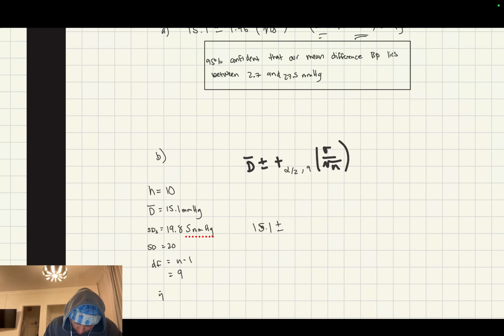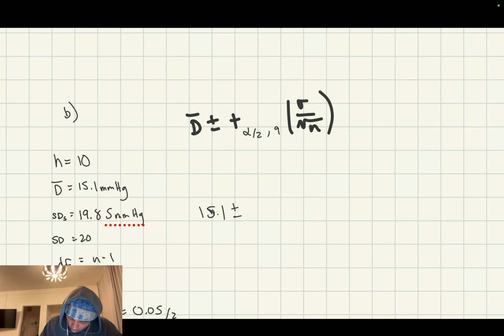We said this earlier, but we'll say it again. For a 95% confidence interval, alpha is 0.05, divided by 2 is 0.025, and 1 minus this is 0.975. So we're going to do our t-score at 0.975 with 9 degrees of freedom.